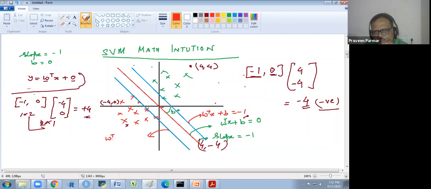I will tell you later why I am taking this. It is +1. Okay, so this is our line in this way. This is the other one. Now we'll simplify this.